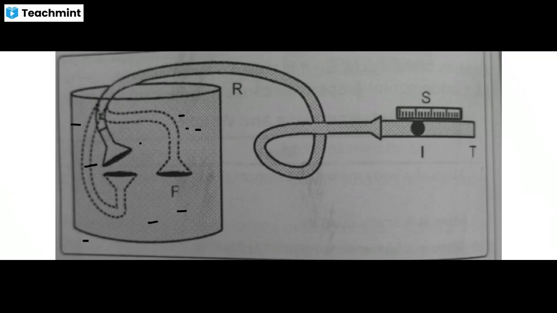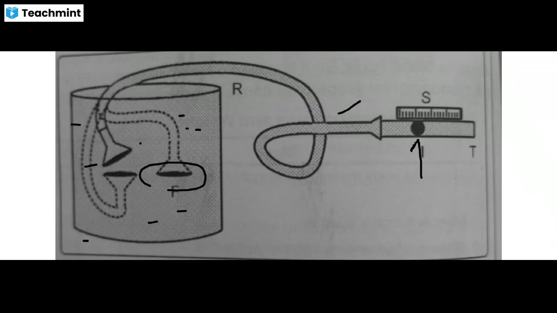This is a simple arrangement. Here is a rubber tube, a rubber pipe, and its front part is attached to a funnel, and here is a balancing bubble.